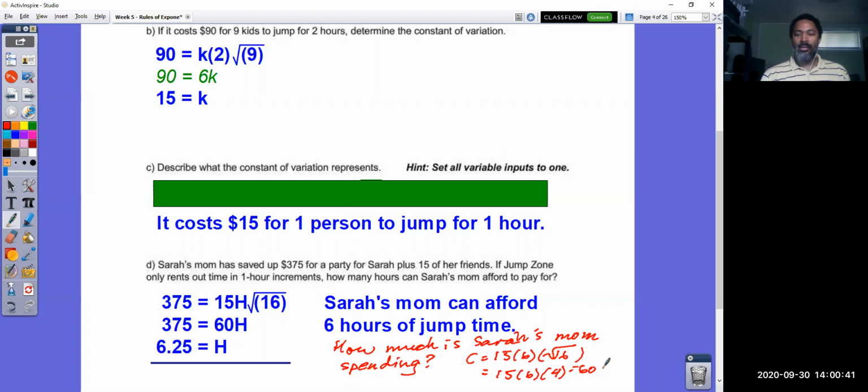That's 60 times 6, $360. I'm doing this in my head, so I don't know what 15 times 6 is off the top of my head. It's 90. But I do know what 4 15s is, because I just remember that as being 60. So $360. So she has $15 left over.